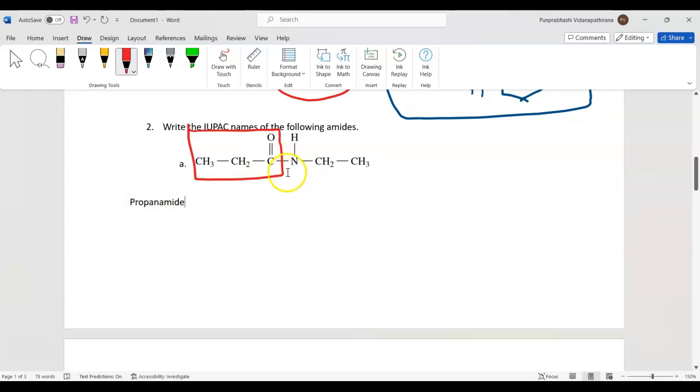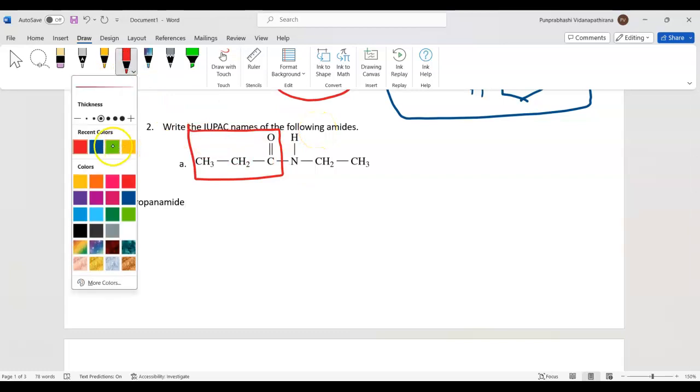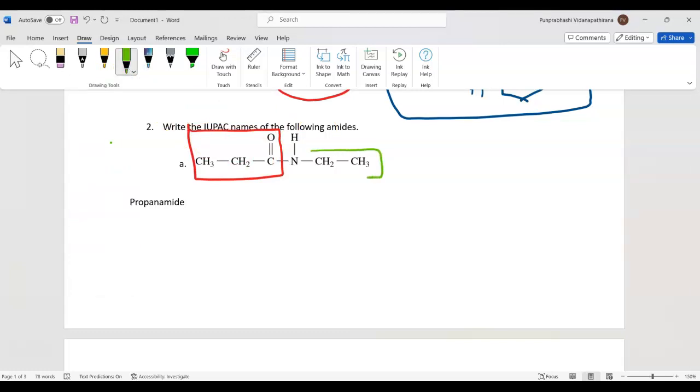Now in the amide group, there is an alkyl group connected to the nitrogen atom, right? So we have to give that name as well. This alkyl group is an ethyl group, and it is connected to the nitrogen atom. So we have to specify that in front of the name.